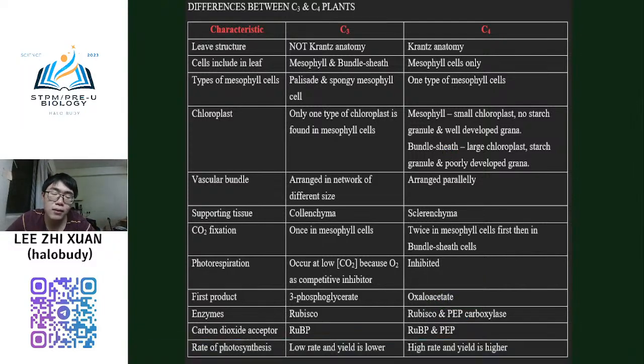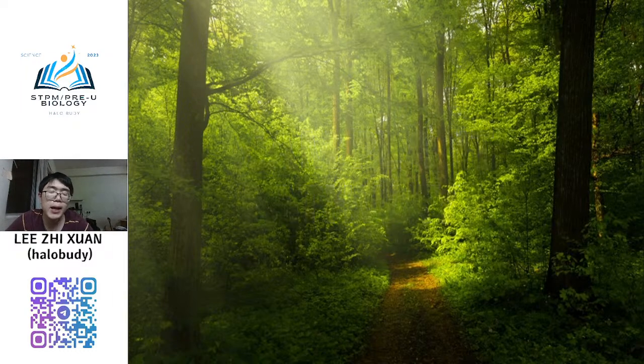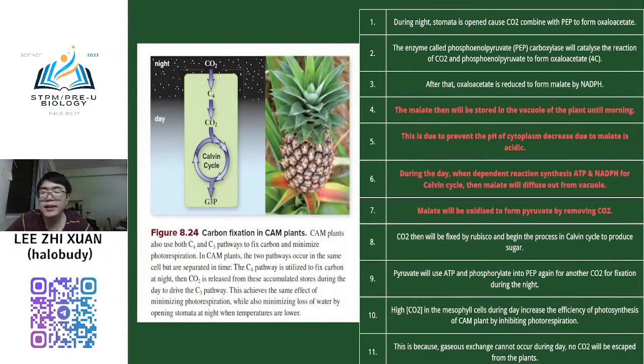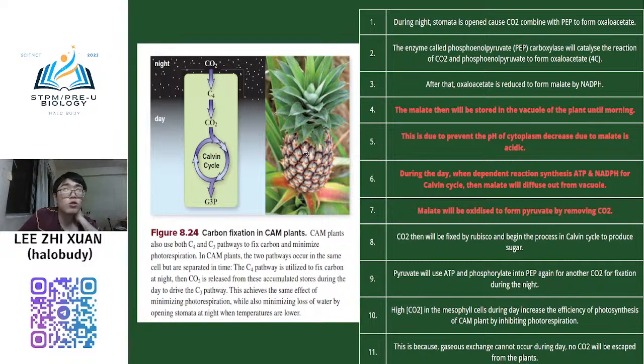So I think and then we have another plant we call CAM plant. CAM. Okay. Apa dia perbezaan dia? So normally CAM plant is something that looks like C4. You see here, carbon dioxide will be fixed to the C3 and then to form C4, form oxaloacetate, and after that it will convert back, oxidize back to carbon dioxide, and then the carbon dioxide will enter the carbon cycle to produce glucose molecule.